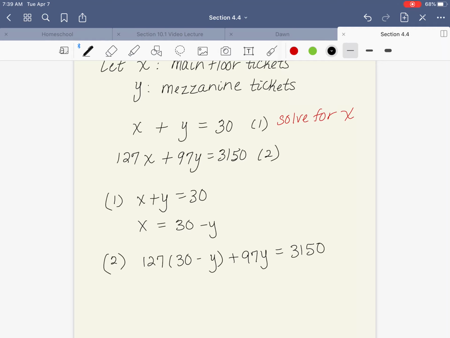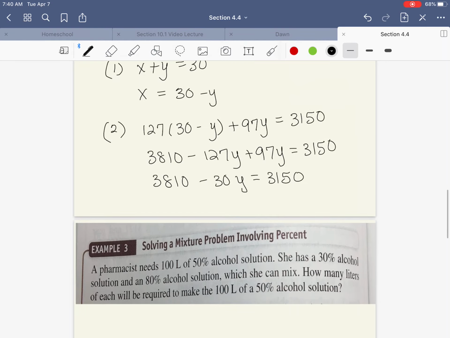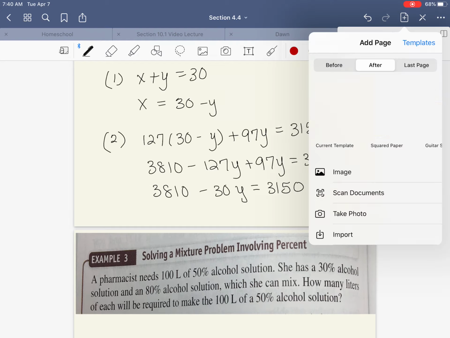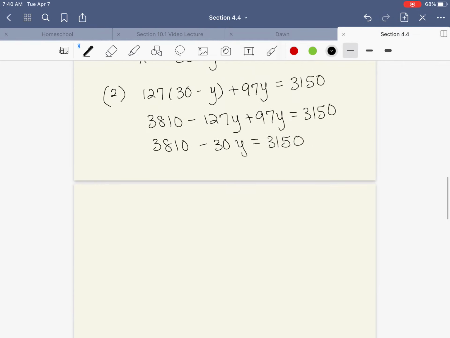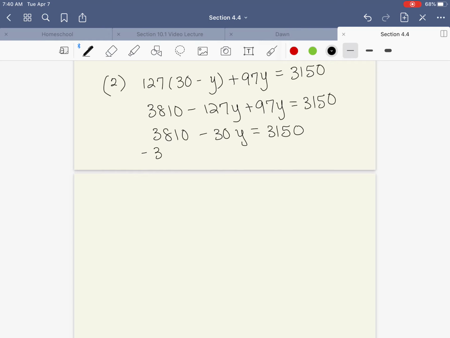Distribute and get 3,810 minus 127y plus 97y equals 3,150. Combine like terms, 3,810 minus 30y equals 3,150. And then subtract 3,810 from both sides.